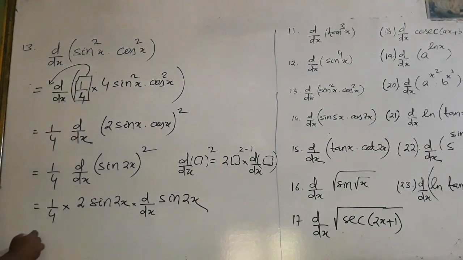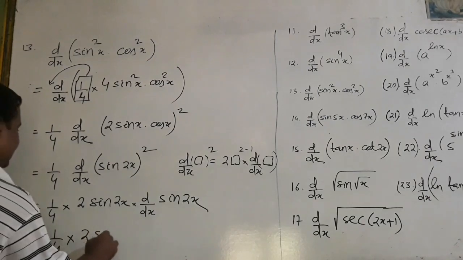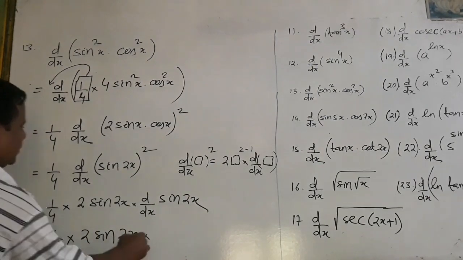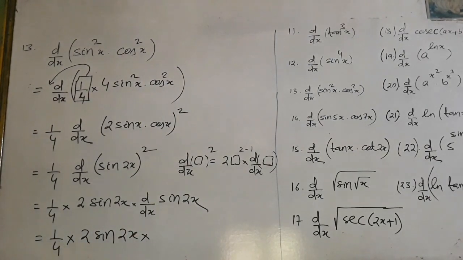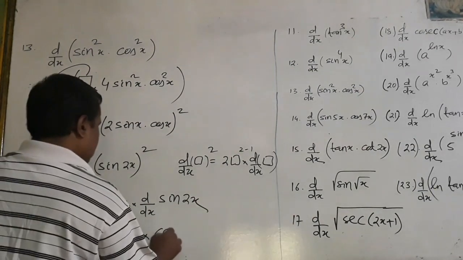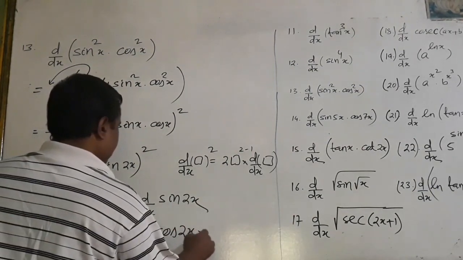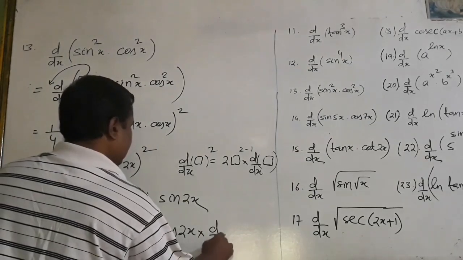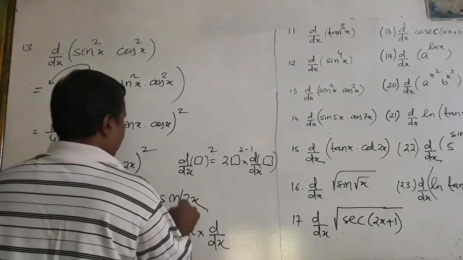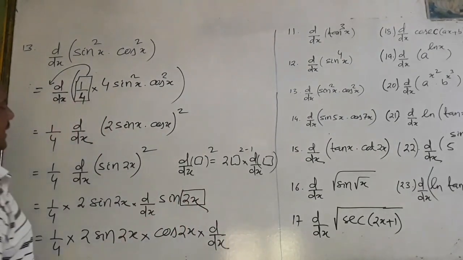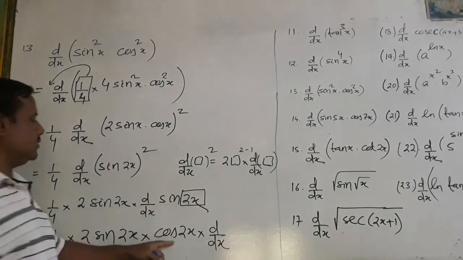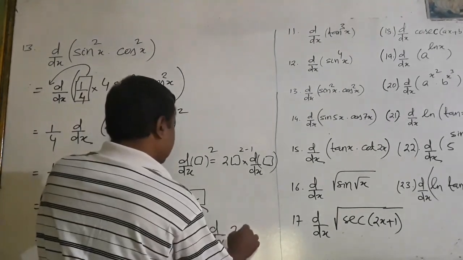It is 1 by 4 into 2 sine 2x into d by dx of sine 2x. It is clearly cos 2x into d by dx of 2x. Sine box, it is cos box into d by dx of this 2x.